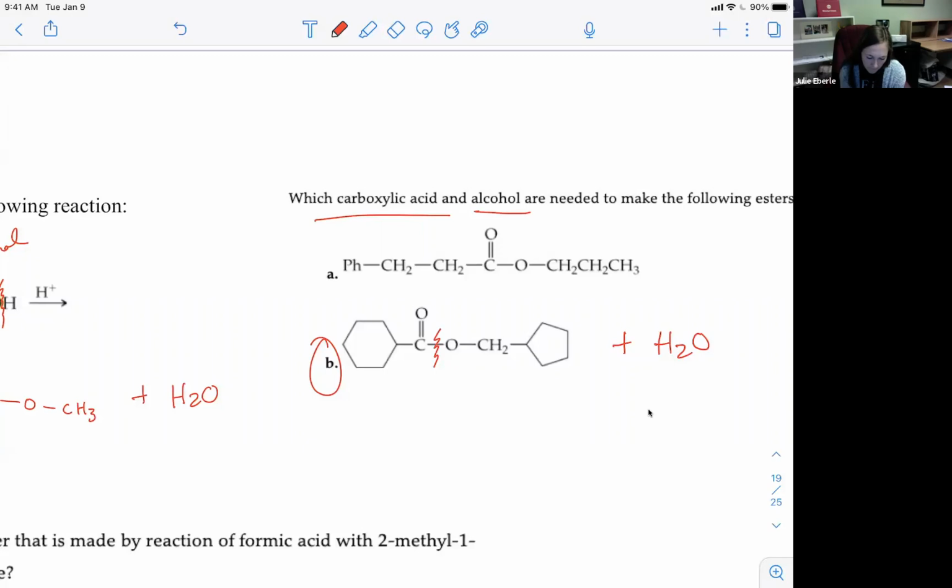So when you break those apart, you should get this, and then you should get this. All I did was break this apart and separate those molecules. Now water, if I draw water like this, HOH.